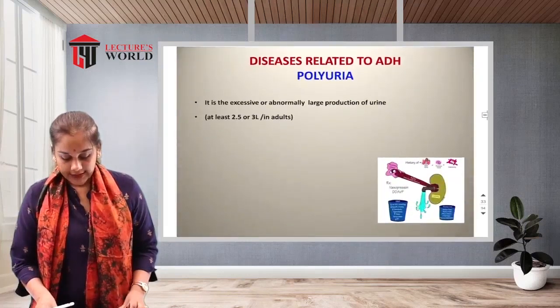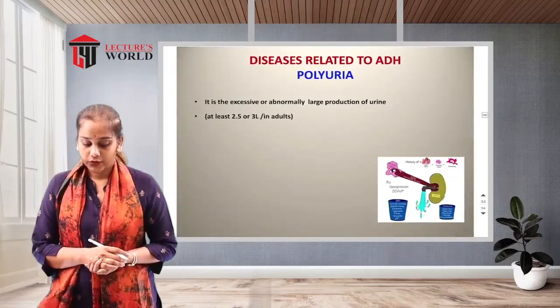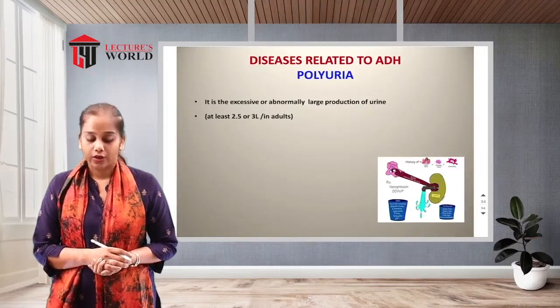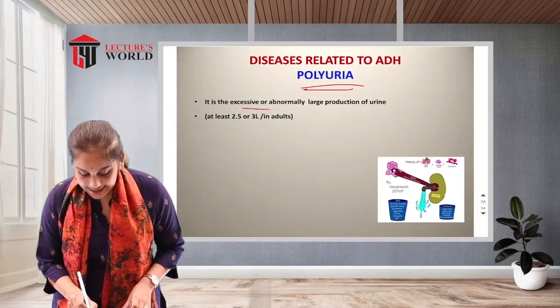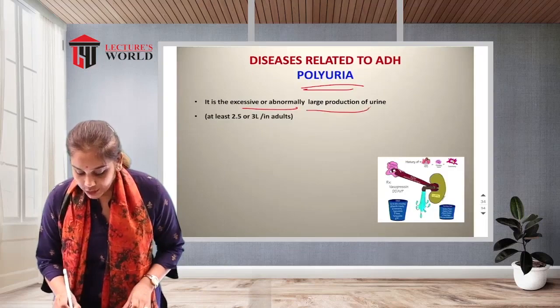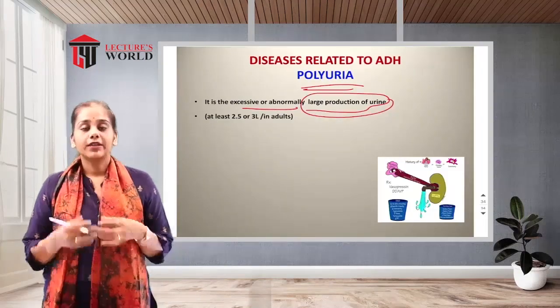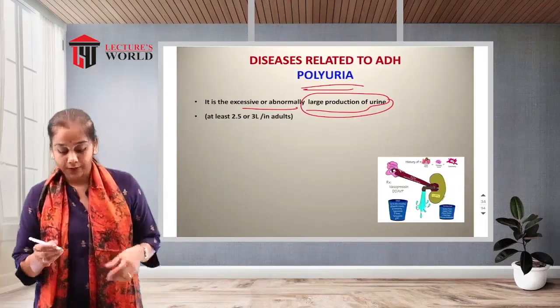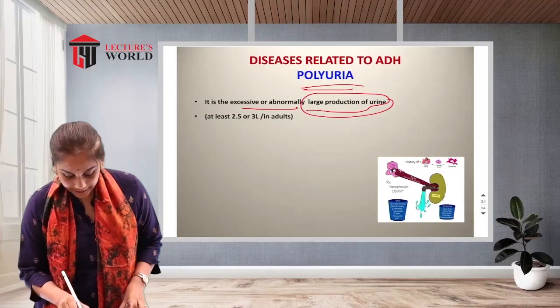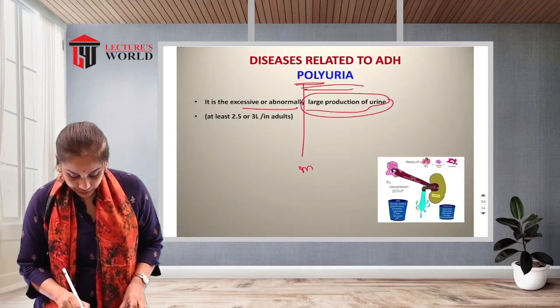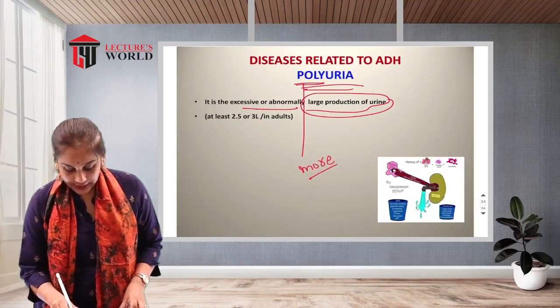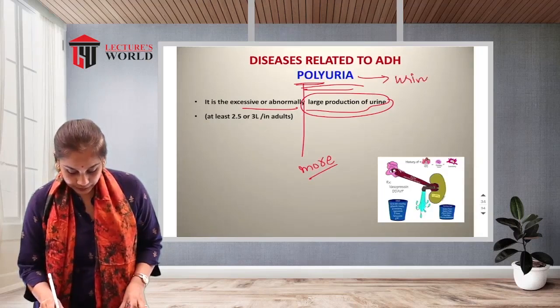Then next disease related to antidiuretic hormone is polyuria. It is the excessive or abnormally large production of urine. What is polyuria? Poly means more, and uria means urine production.